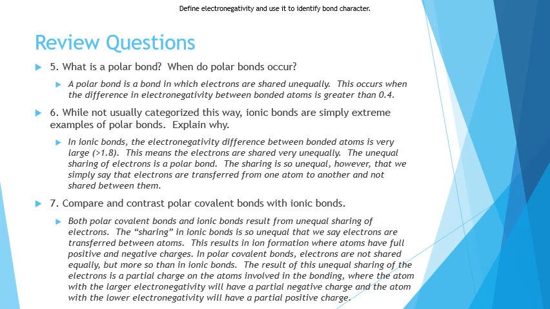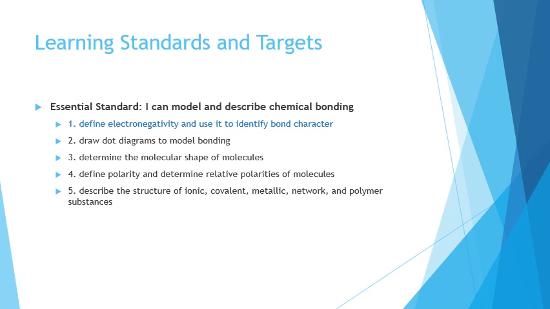It doesn't fully gain the electrons, so it's not a full negative, a partial negative charge. The atom with the lower electronegativity will thus have a partial positive charge because it's losing some of that electron density, not all of it, because it's not completely losing the electron. All right, in this video we've looked at electronegativity and we've used that to define bond character.